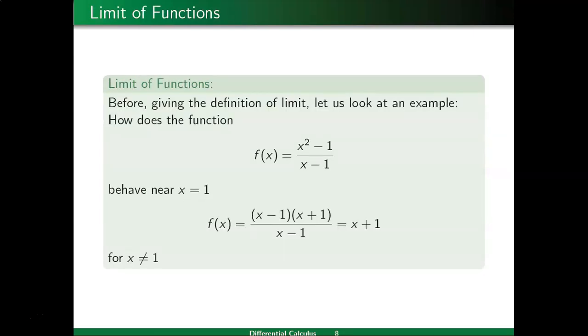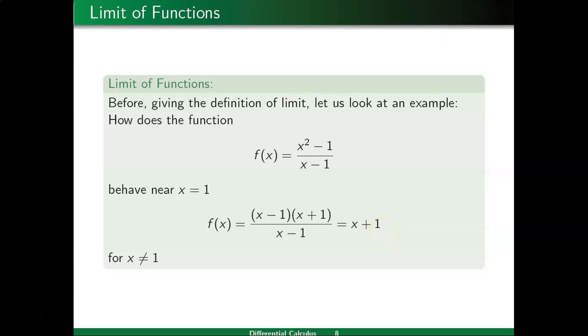Let us now define the limit of a function. Before giving the definition of limit, let us look at an example: how does the function f of x equal to x square minus 1 upon x minus 1 behave near x equal to 1? Let us expand this function. f of x is written as x minus 1 times x plus 1 upon x minus 1. x minus 1 cancels here and we get f of x equal to x plus 1.